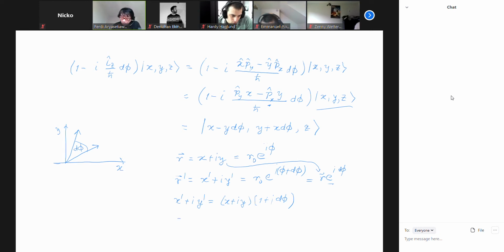And we can identify that x prime is equal to x minus y d phi, whereas y prime is equal to y plus x d phi. Yes, that's exactly what we have here. So this operator does indeed rotate the state by an amount d phi around the z-axis. So we have convinced ourselves that this is indeed the rotation operator.